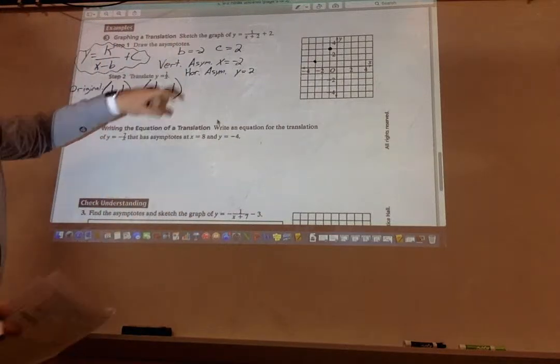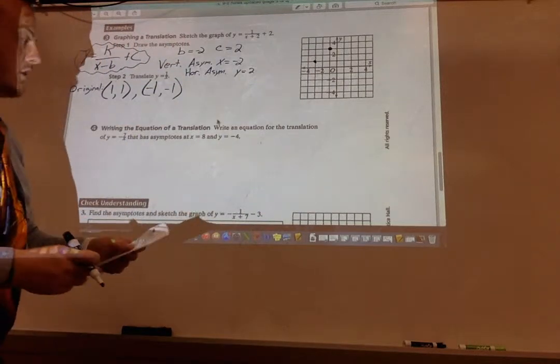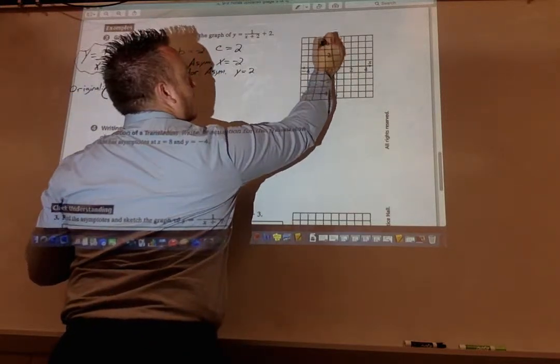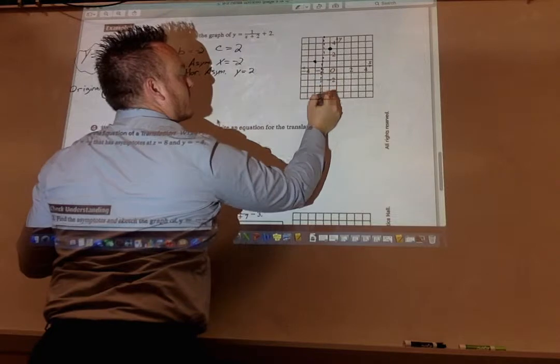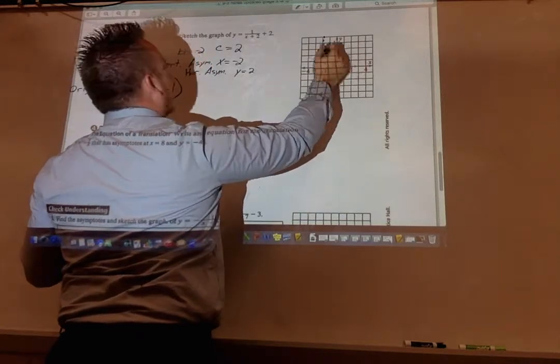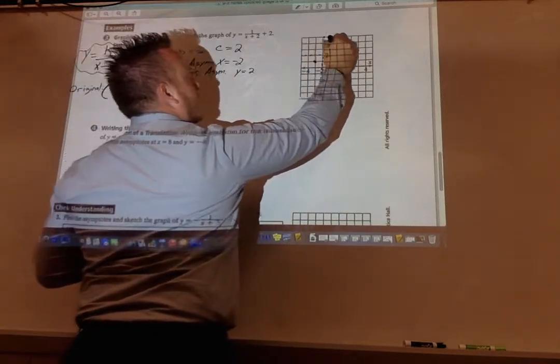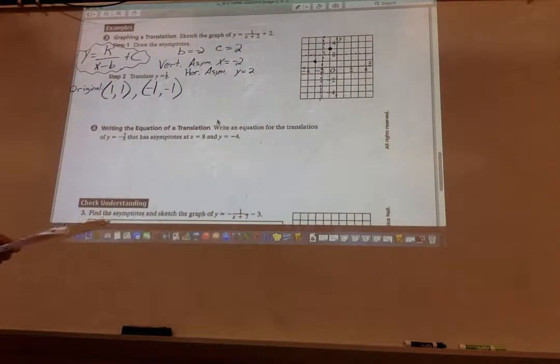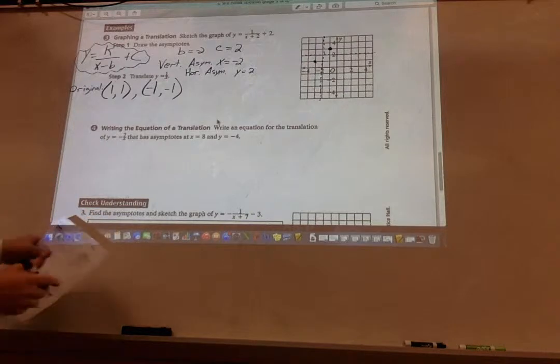Now I want to put in my asymptotes. So let's draw our asymptotes here. So vertical asymptote at x equals -2. Horizontal at +2. There's my dotted lines. They look good. Now I'm going to draw in my branches for my graph.